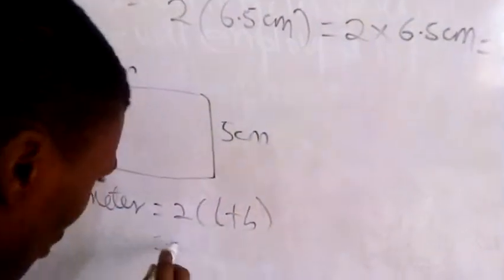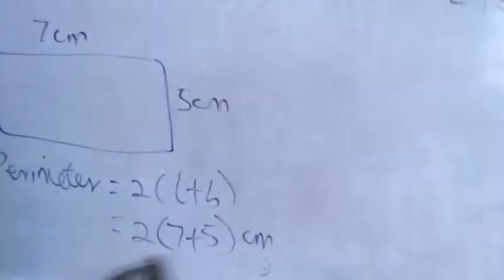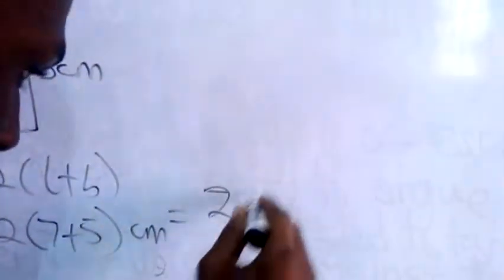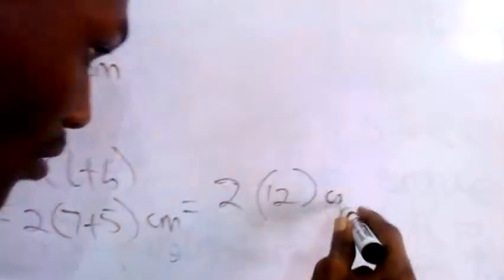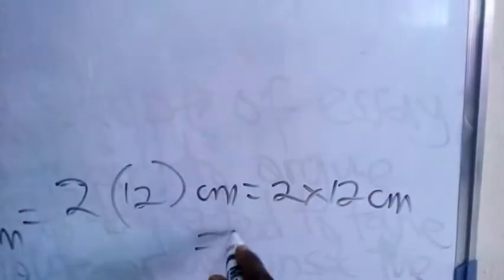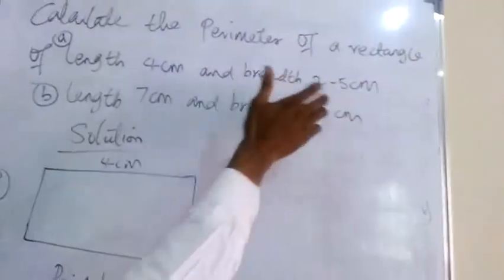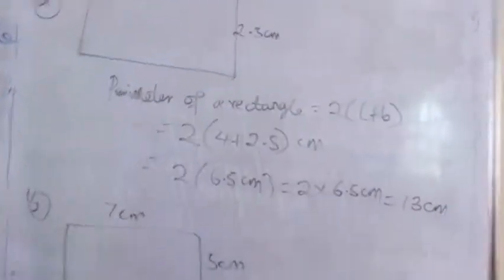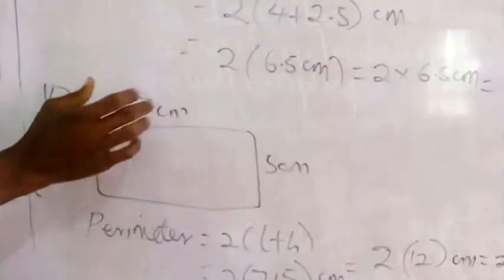We have 2 into bracket 7 plus 5, all in cm. 7 plus 5 is 12. That's 2 times 12 cm, equal to 24 cm. So the perimeter of the rectangle of length 7 cm and breadth 5 cm is 24 cm. Also, if we add the outer edges, it will still give us 24 cm.